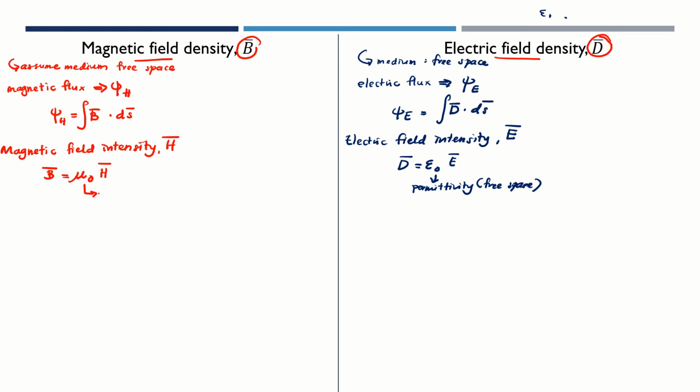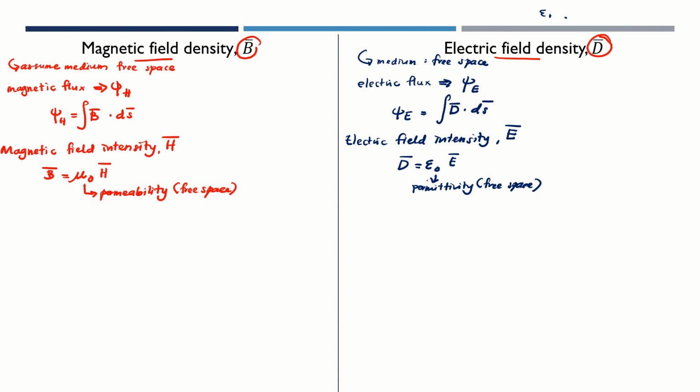It means permeability, permeability for a medium in free space. So the difference is only this part.